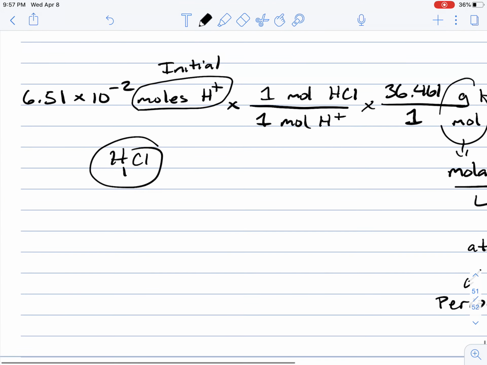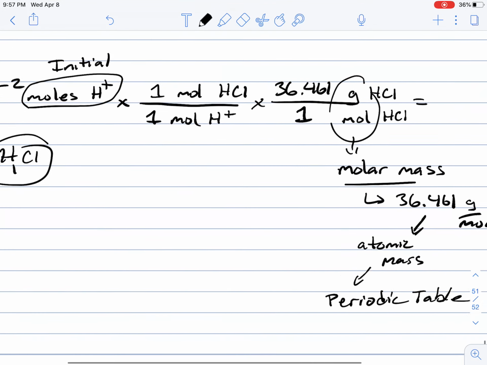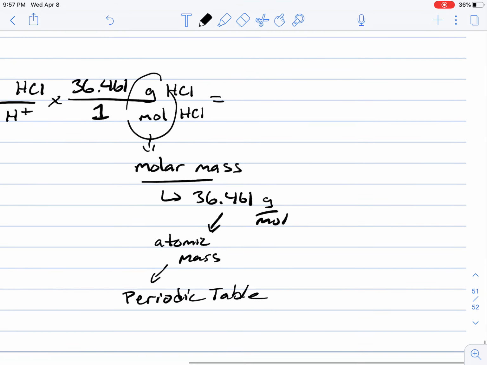And so if you multiply everything across, the mass that we get is going to be 2.38 grams of HCl, which is the correct number of significant figures.